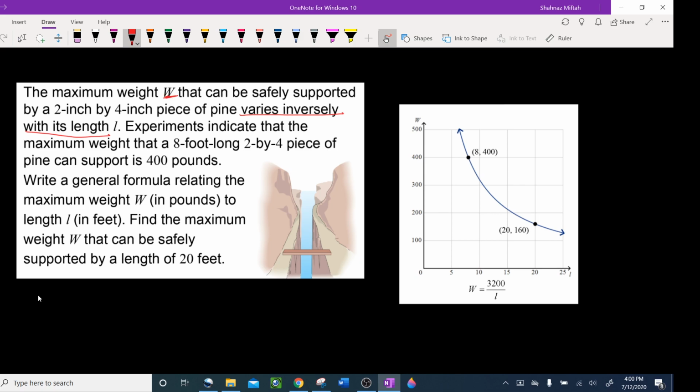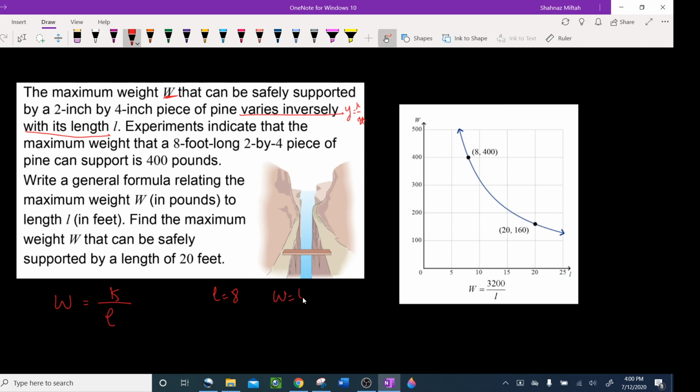So let's make a formula of that. W, the maximum weight that can be safely supported by a 2-inch by 4-inch piece of pine, varies inversely with its length. You know that was the inverse formula, right? K over x. So instead of k over x, we are using different variables, k over L. Experiment indicates that the maximum weight that an 8 foot long, so the L is 8 foot long, 2 by 4 piece of pine can support is 400 pounds.